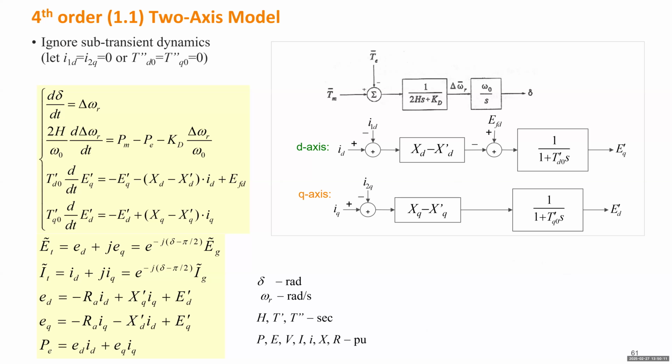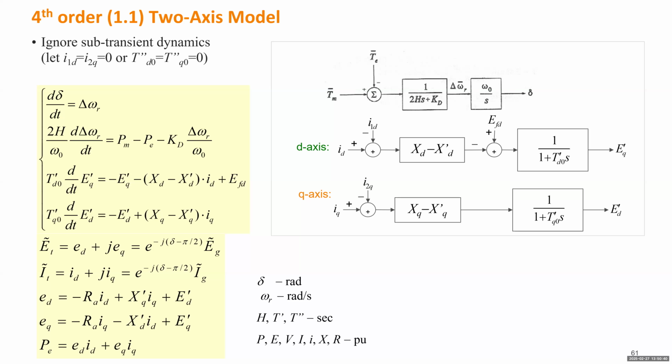So you put everything related to subtransient dynamics into the I1D and I2Q. So this one just explains that the subtransient dynamic can be considered as some input carrying faster dynamic into this model. And the main time constant for this model is still the single prime parameter. So this is like the 1.1 model.